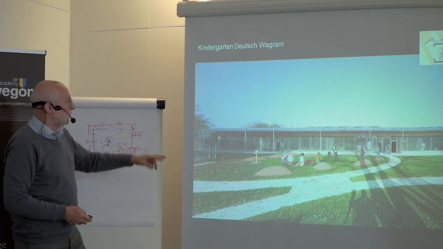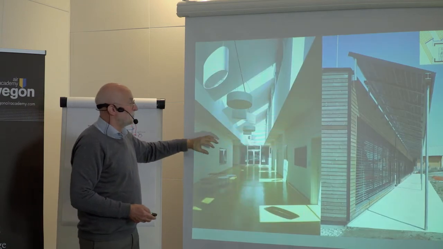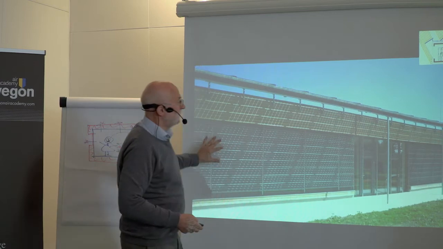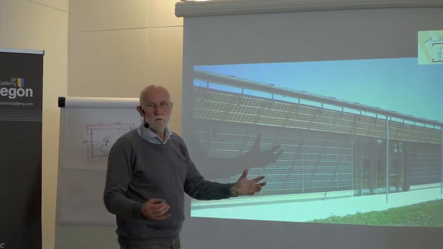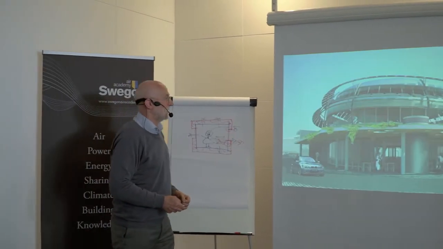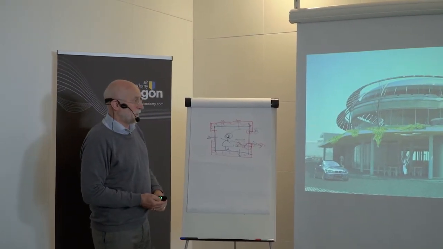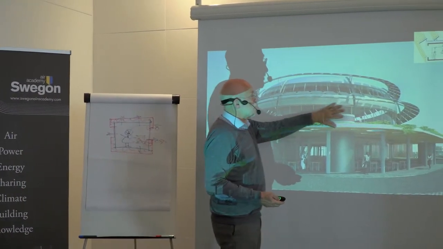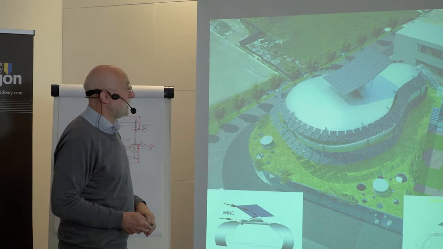Another kindergarten where the PV is also protecting the green and giving a very nice shadow. Moving, we have moving architecture. It's not a static architecture. Or for a project in Italy where we had to protect the windows very carefully against the sunshine.